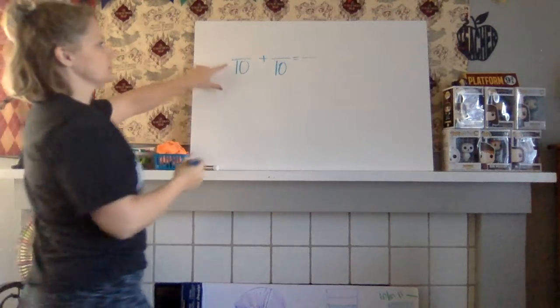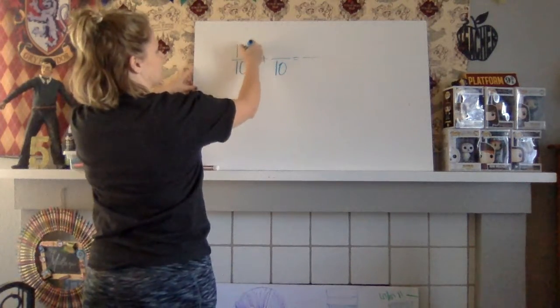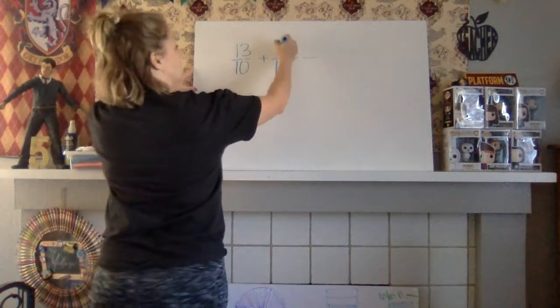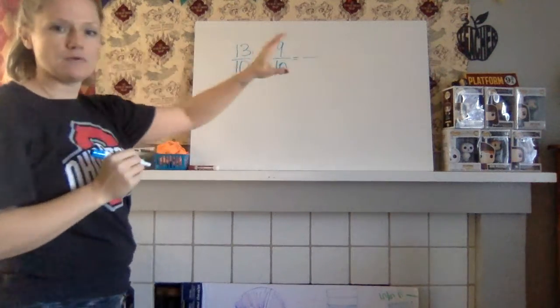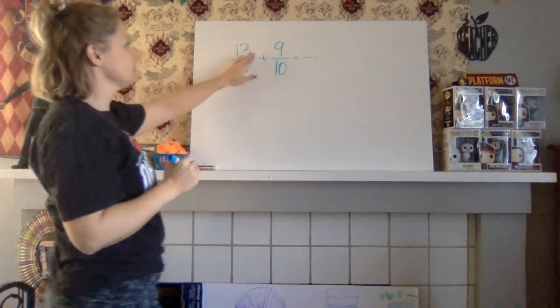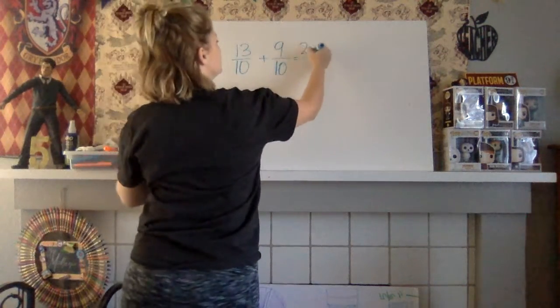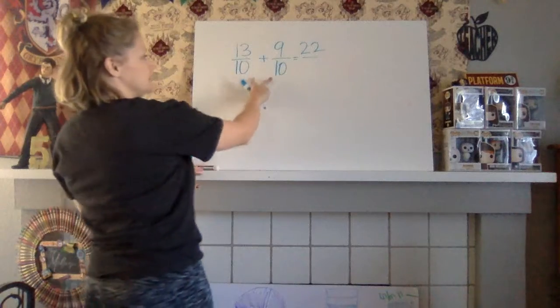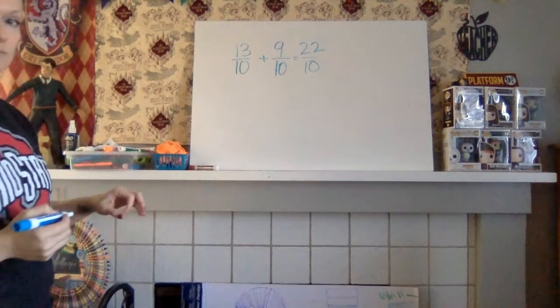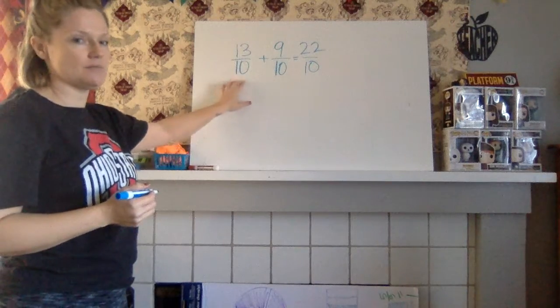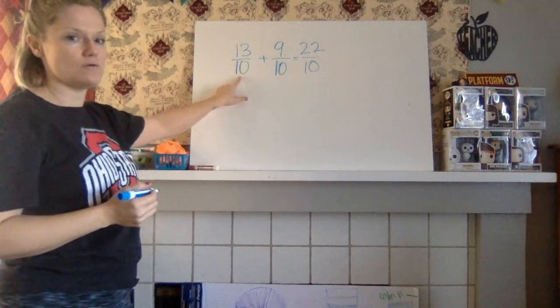So let's say we start with 13 tenths and we add 9 tenths more. Same thing, we're going to add straight across. 13 plus 9 is 22. Tenths is our denominator because we are only talking about tenths. So think back to our very first example when we had more than 1 whole colored in.